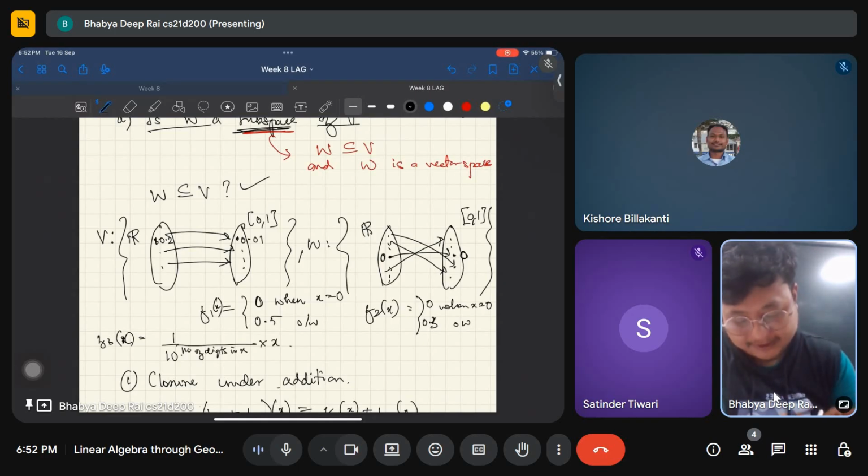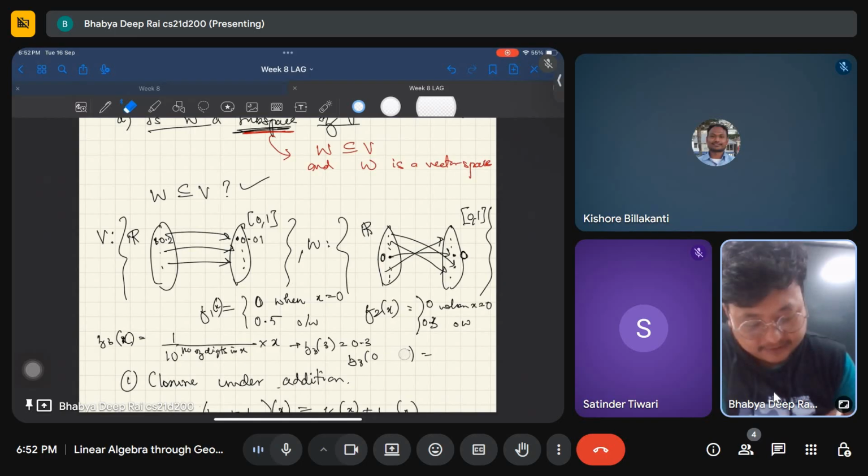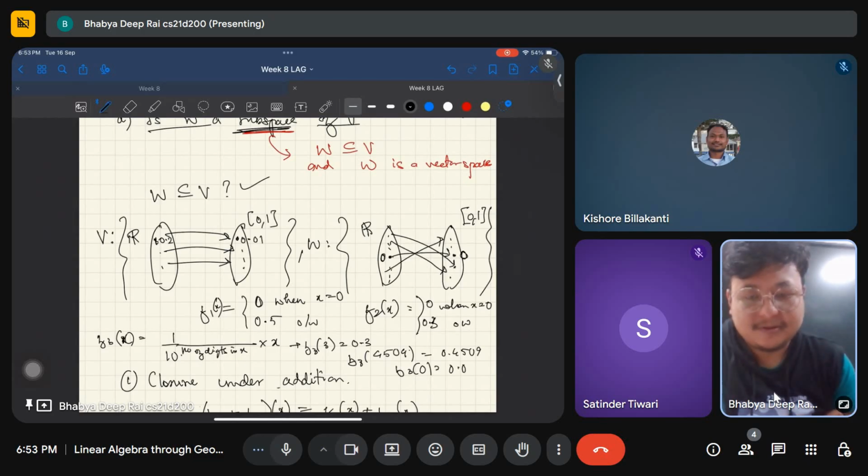So f3 of 3 equals 0.3, f3 of 0.045 will be equal to 0.0045, f3 of 4509 will be 0.4509. Similarly, f3 of 0 will be equal to 0. I mean, you get the idea.